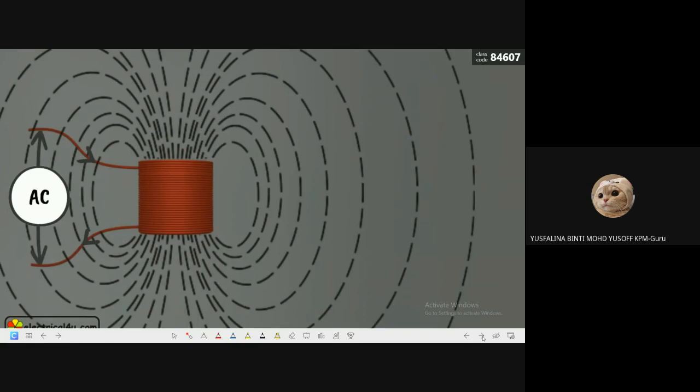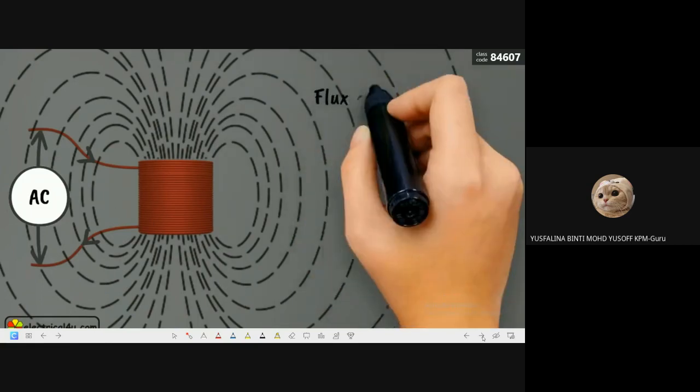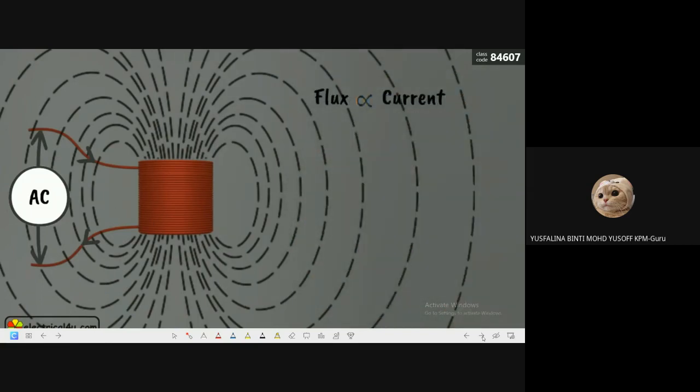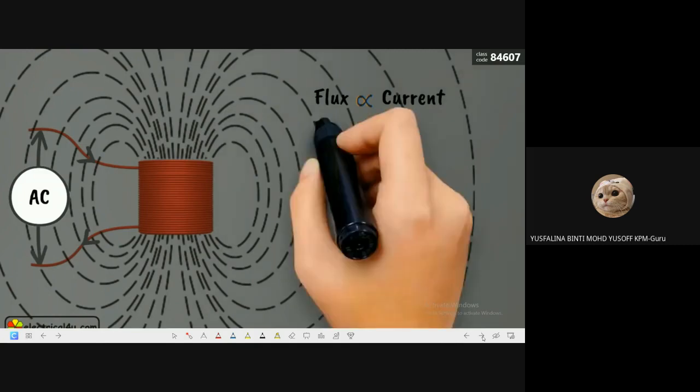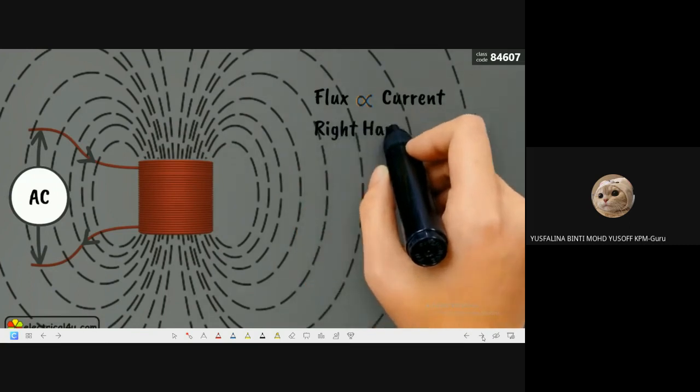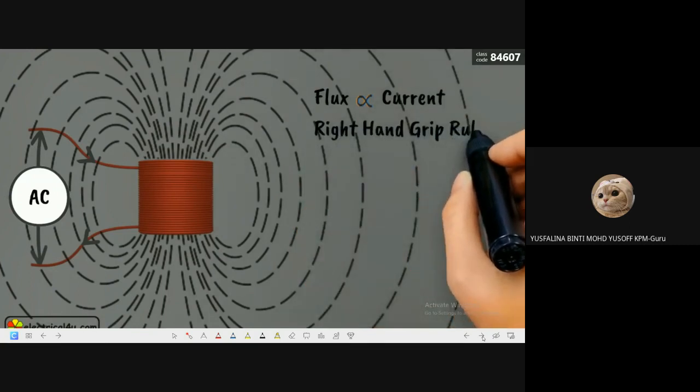The magnitude of this flux is proportional to the magnitude of the current flowing through the winding. The direction of the flux is according to the direction of current. The direction of the current in the winding can be found out by applying the right-hand grip rule.